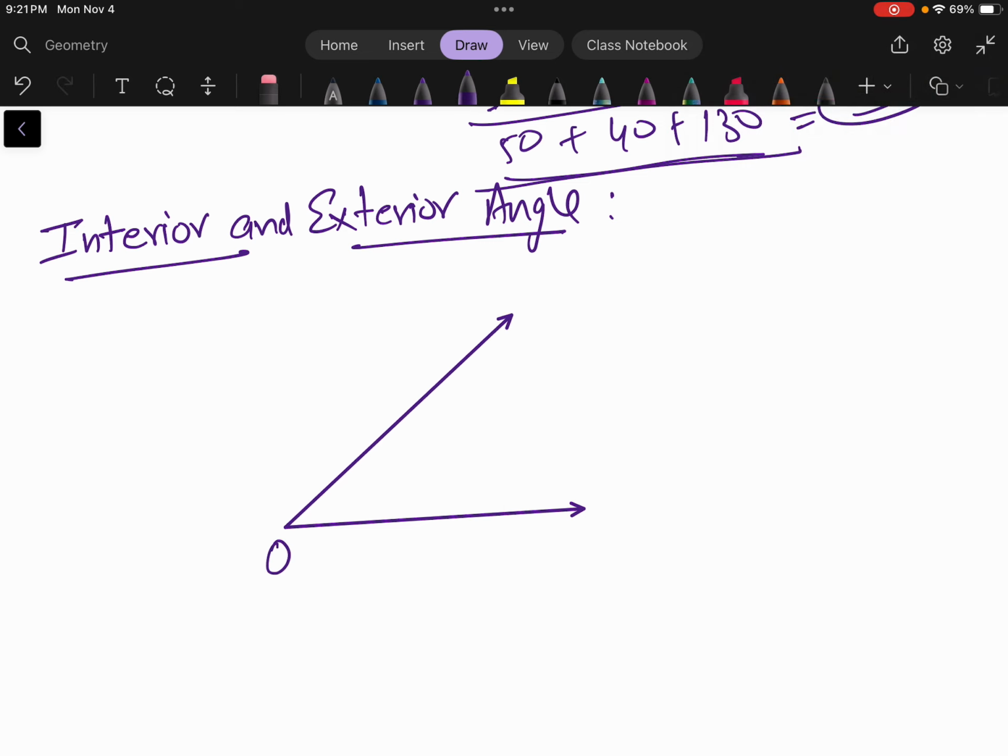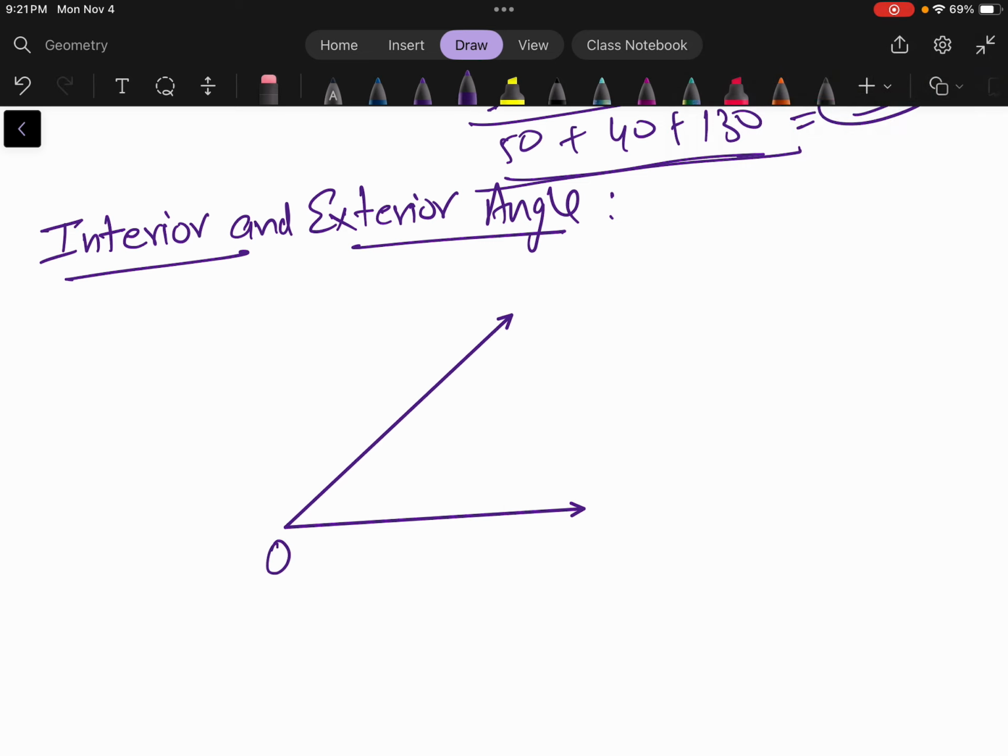So which angle are we talking about? We are talking about this angle. So this angle is an interior angle. If I am talking about this one, this is an exterior angle because this is outside.